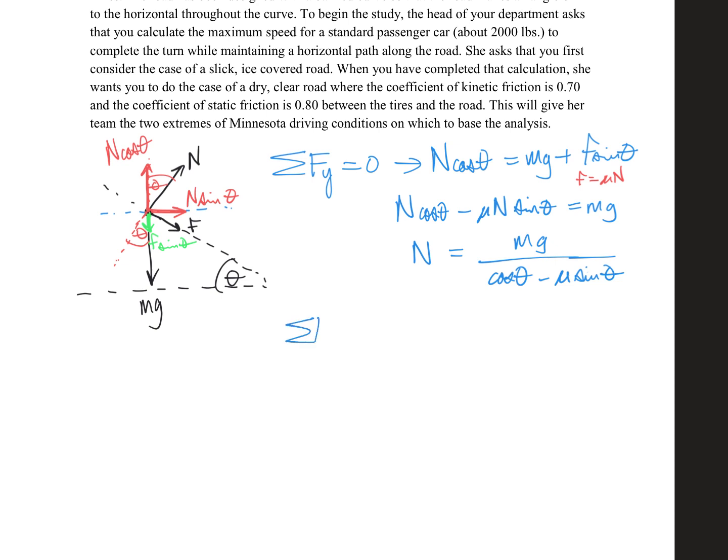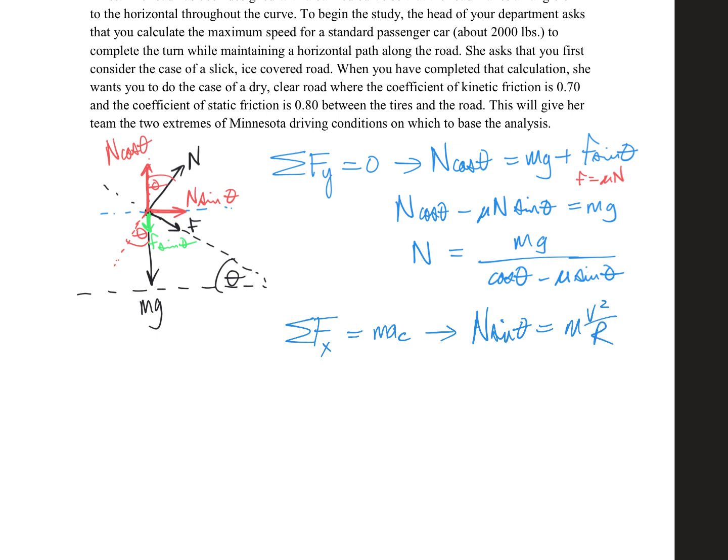What about the x forces? And so as I've shown in other lectures and in my book, we're always summing x and y forces, which means we need a force diagram that's keyed to x and y forces, et cetera, et cetera. So this means that I will have N sine theta equals mv squared over r.